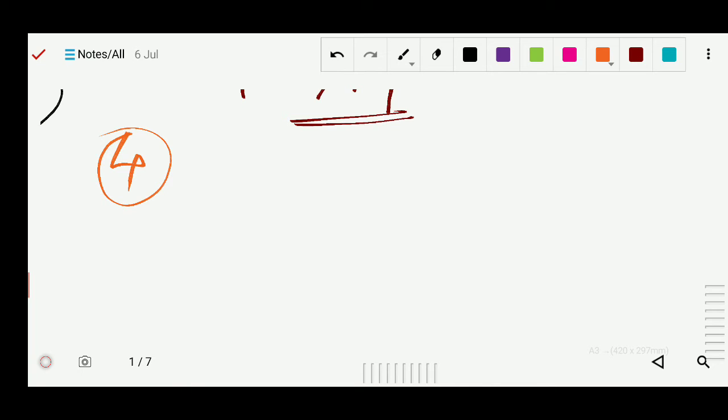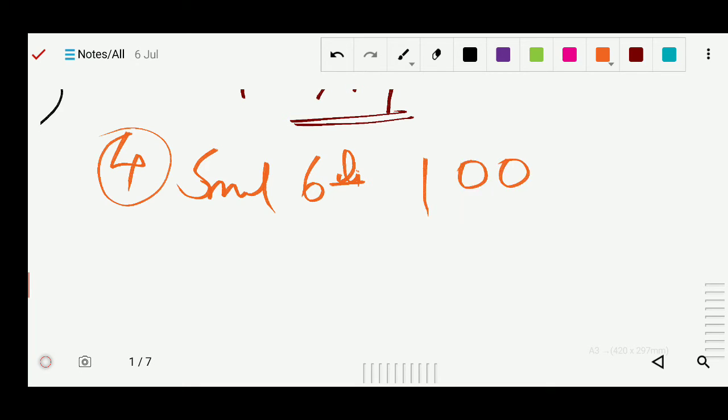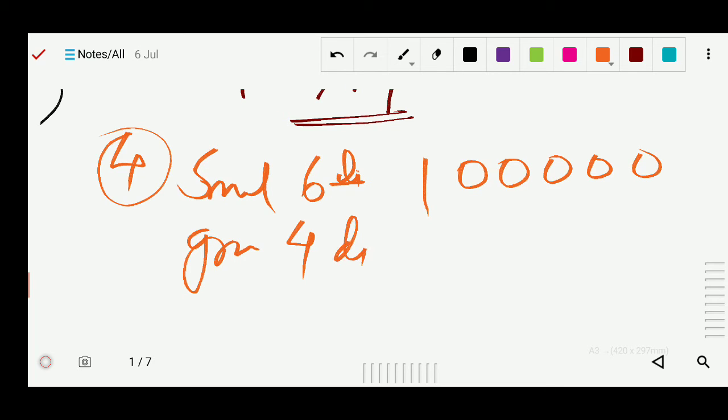In question number 4, find the difference between the smallest 6-digit number and the largest 4-digit number. The smallest 6-digit number is 1, 2, 3, 4, 5, 6. Now the greatest 4-digit number: write 1, 2, 3, 4, and make the remaining 0.